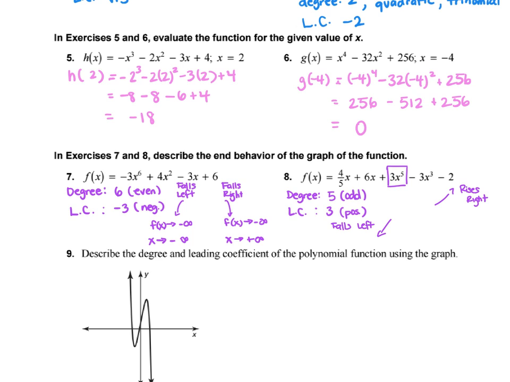or symbolically, we would say f of x approaches negative infinity as x approaches negative infinity. And on the right, f of x approaches positive infinity as x approaches positive infinity. Okay, that is question number 8. Question number 9.